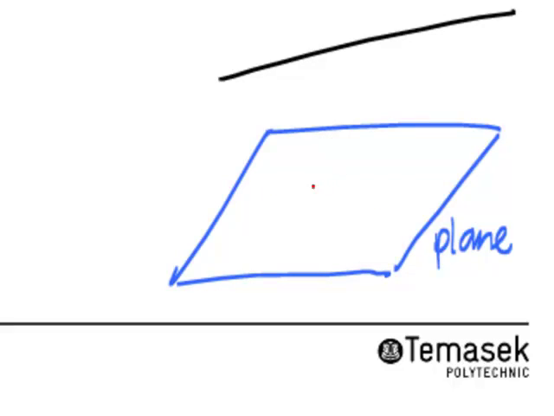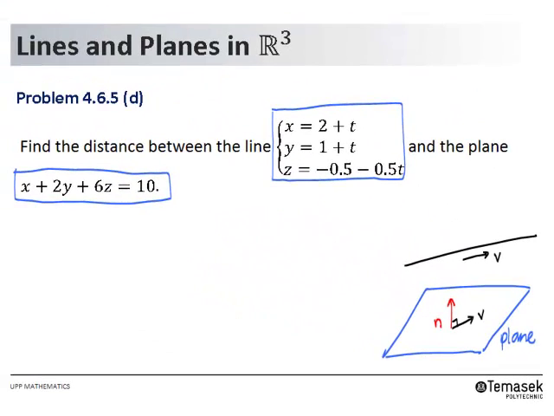Hence, we should first verify that the normal vector of the plane and the direction vector of the line are perpendicular. That is, the angle between them is 90 degrees. Or in other words, we have to check whether the dot product n dot v equals 0.